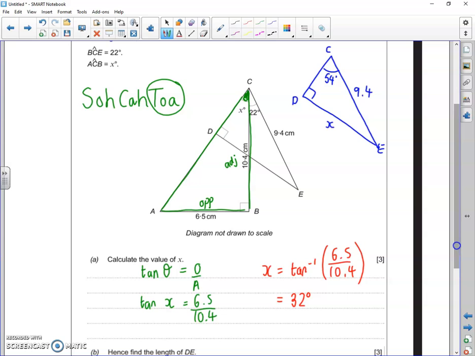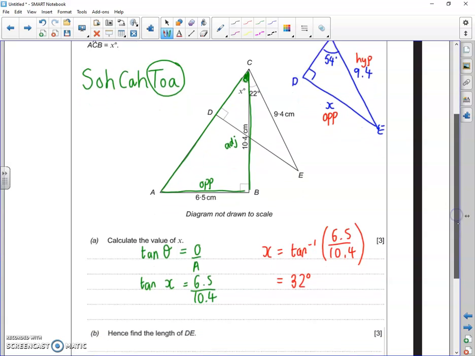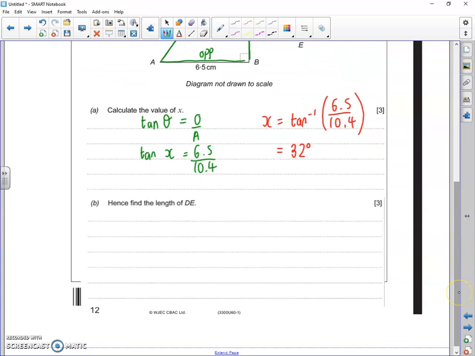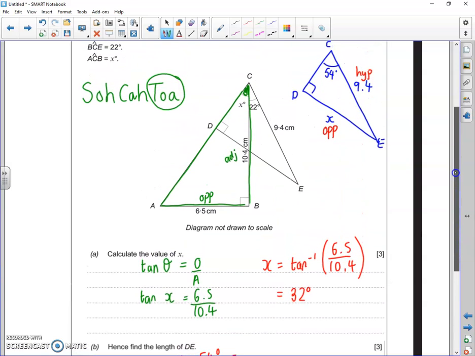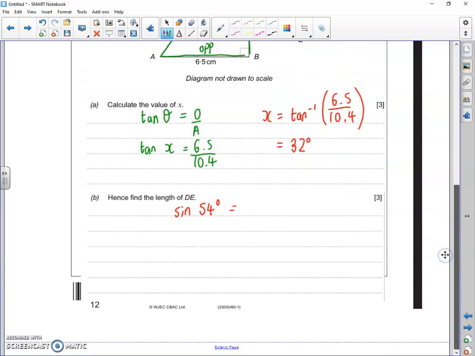So trigonometry again. 54 is at the top, so X is the opposite side. 9.4 this time is the hypotenuse. This is a sine question now then. Opposite and hypotenuse is the sine part. So we've got that sine 54 equals, now let's go back up, it's O over H, so X over 9.4.